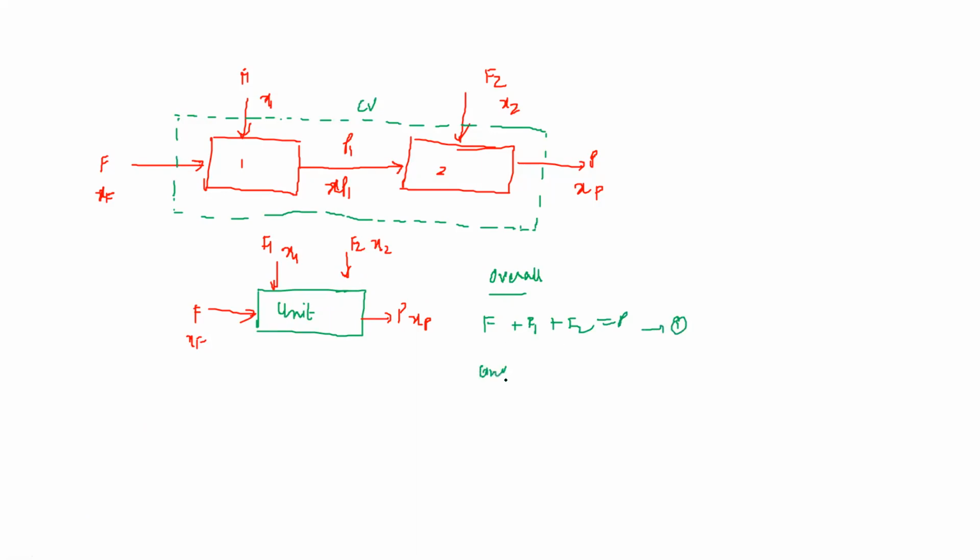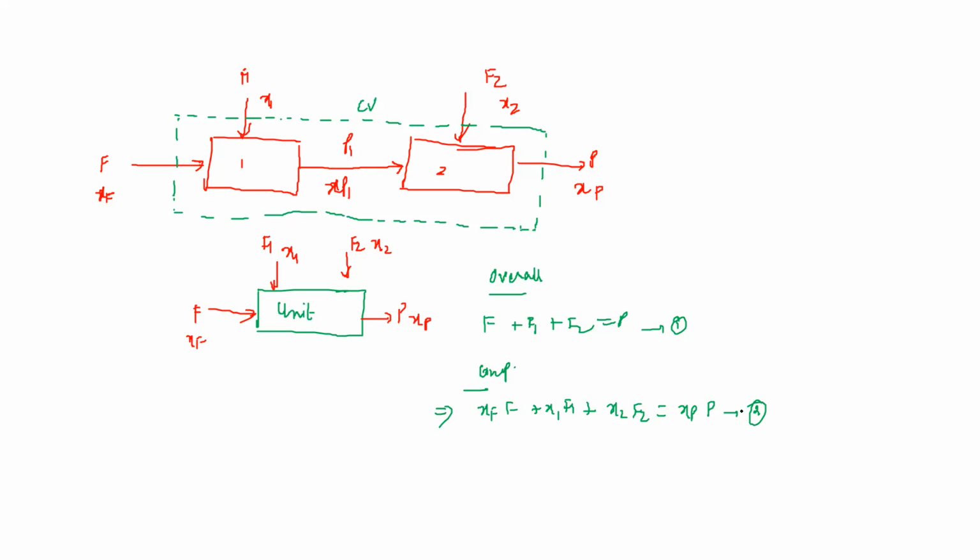And when I do the component balance, I form the equation XF into F plus X1 into F1 plus X2 into F2 is equal to XP into P. This is the second equation I have formed for component balance. If I have more than two variables, I can form more equations by balancing the second component as well.